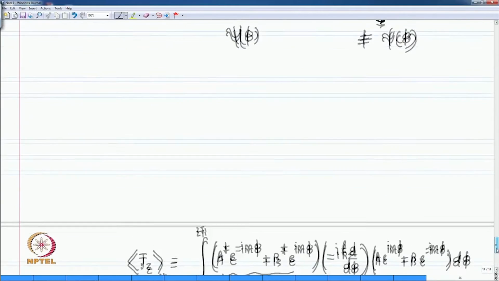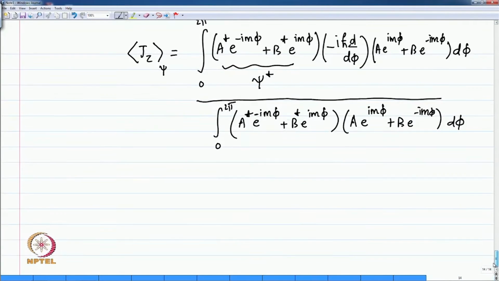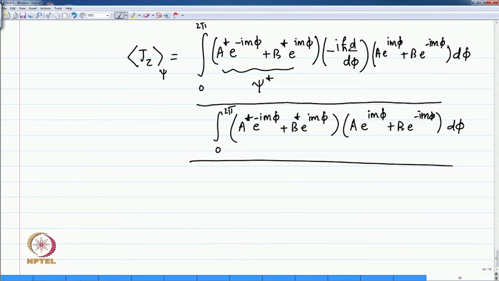Anybody can calculate that. I think with all the mathematics that you have done so far, you should be able to calculate this. It's easy to see that the denominator will give you absolute a square plus absolute b square. But the numerator will give you something else.